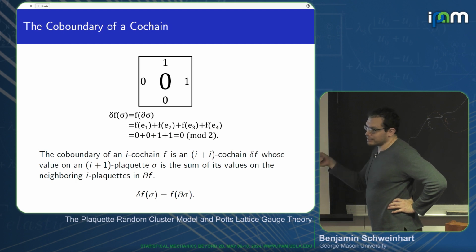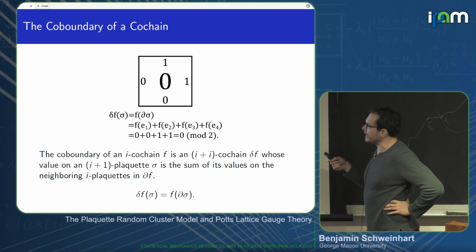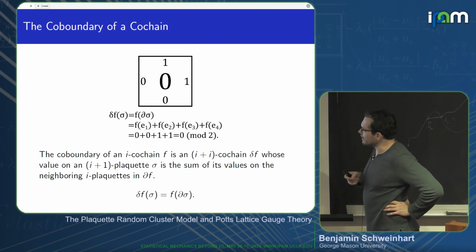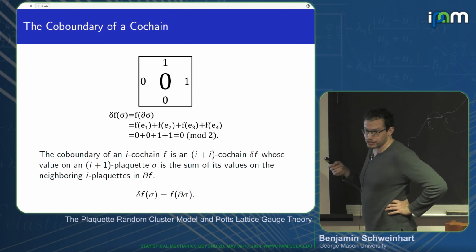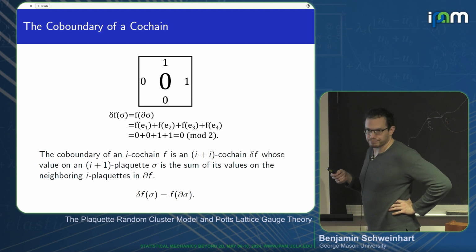Taking that up a dimension, if we have a 1-cochain, an assignment of spins to the edges, the coboundary takes the oriented sum of the spins on the incident edges and assigns it to the 2-plaquette. Here, this is a Z2 assignment to the edges: we have 1, 1, 0, and 0. So the coboundary is the sum of these spins, 1 plus 1 plus 0 plus 0 mod 2, so 0 is what the coboundary of F assigns to this 2-plaquette.